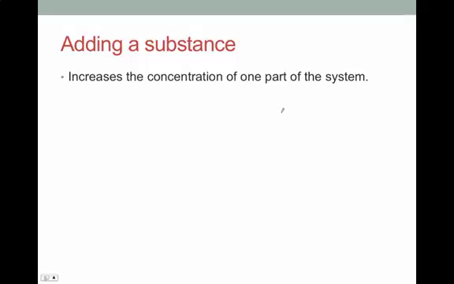So by adding a substance, I'm increasing the concentration of one part of the system. So if I have A plus B in equilibrium with C, then I would have an equilibrium constant.